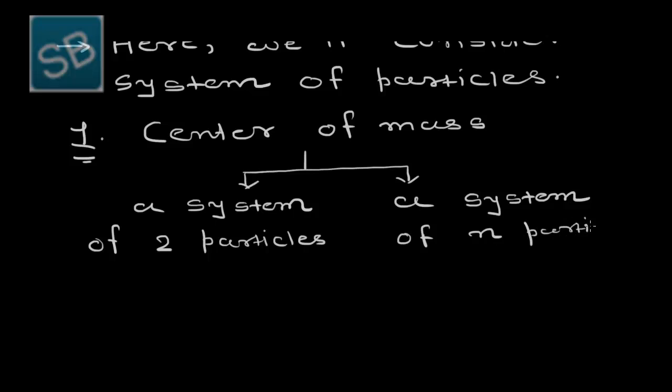What is the application of using this theory of n particles? Here we have studied the center of mass of only two particles, and in this case we are going to study n particles. So this is the generalized theory.